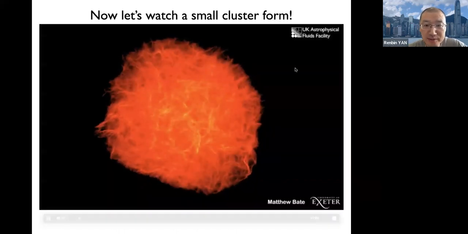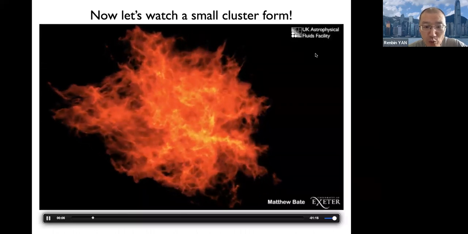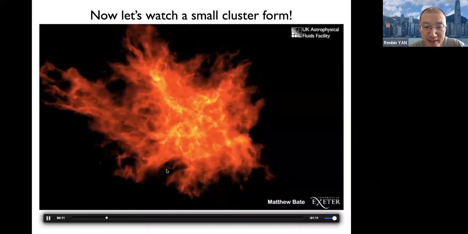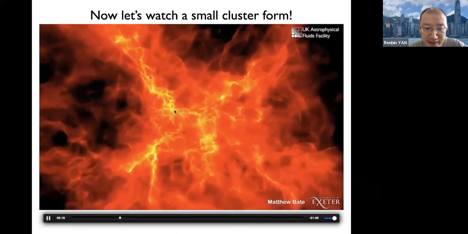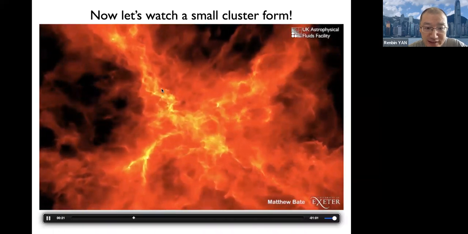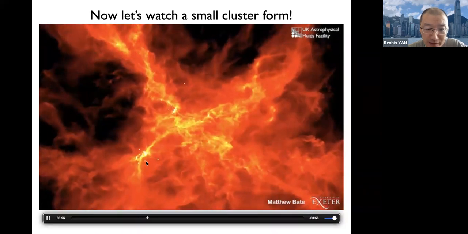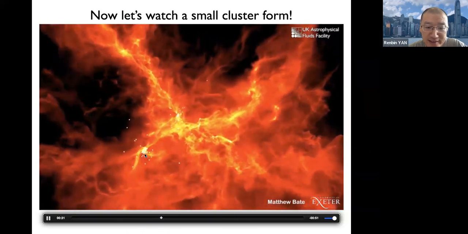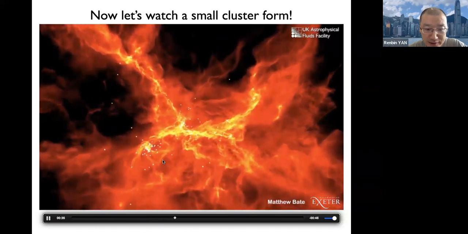Here is a computer simulation showing how a small star cluster forms. At the beginning, it was just a gas cloud with some density variations. You can see that some parts get denser, indicated by yellow colors. Gradually you will start seeing little dots coming away from the cloud, because when a star forms, it is so compact that the cloud cannot stop it. If a star has any velocity, it will move away from its birthplace.